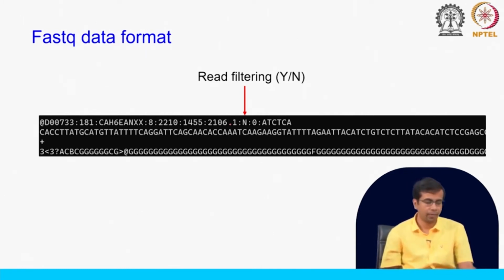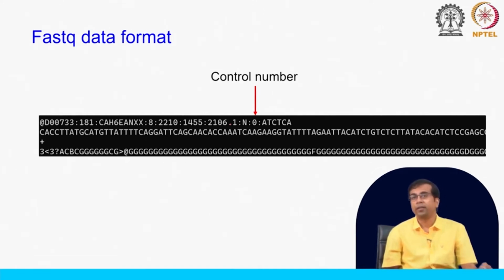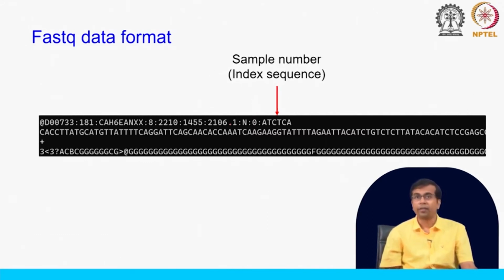The next part is the control number. This shows whether some control experiments were run in this experiment. In some cases you want to do controls for some tests, but in this case there is no control experiment here. The last bit shows the sample number, or usually the index sequence.